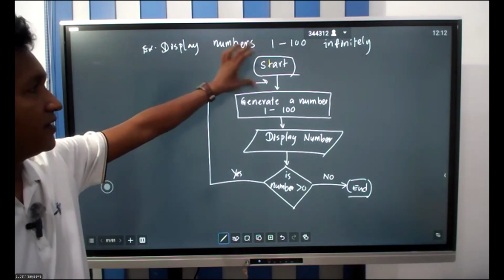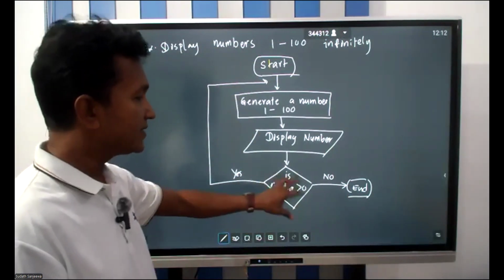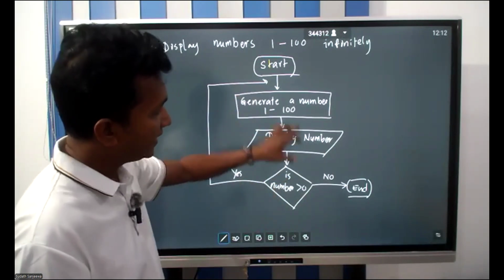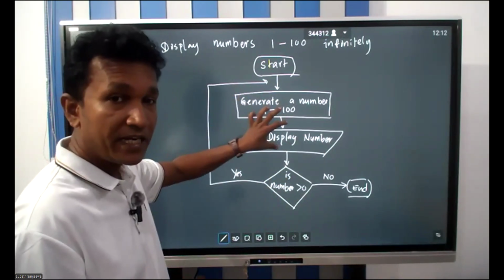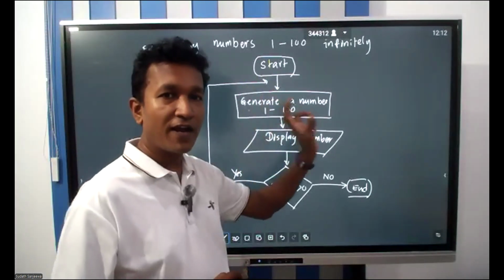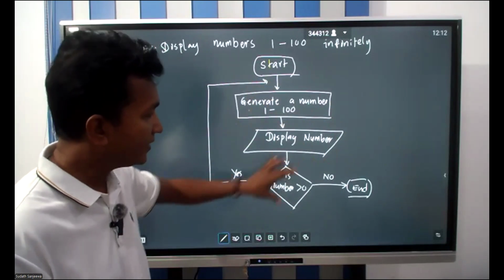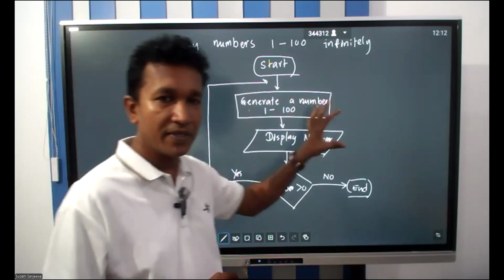Display numbers 1 to 100 infinitely. So if the number is greater than 0, it will display a random number infinitely, which is between 1 and 100. Infinitely, it will generate random numbers.